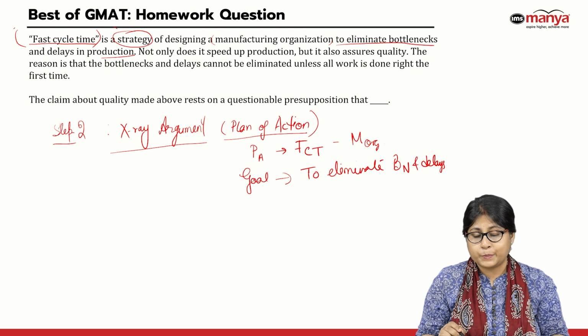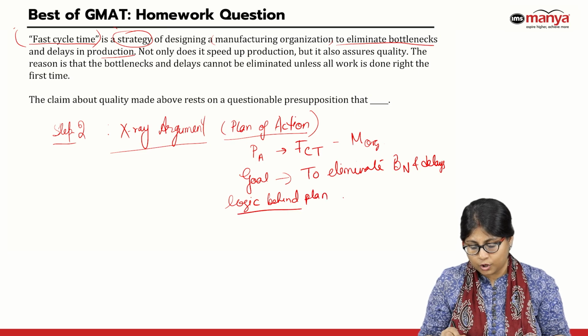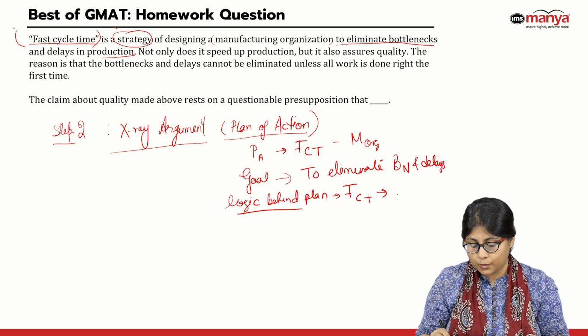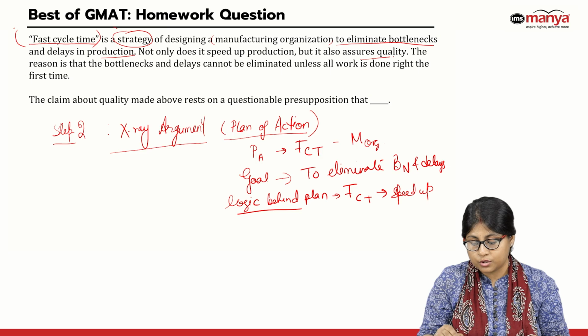Not only does it speed up production, so they have given us an interesting logic behind the plan. Why do they think the plan would work? Here's the logic behind the plan. They are saying that fast cycle time as a strategy is going to speed up the process, meaning it's going to make it happen faster, and at the same time it's also going to ensure quality.